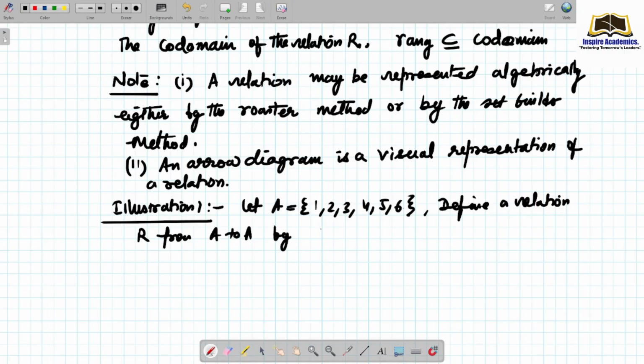R equals x comma y such that y equals x plus 1. Number 1, depict this relation using an arrow diagram.